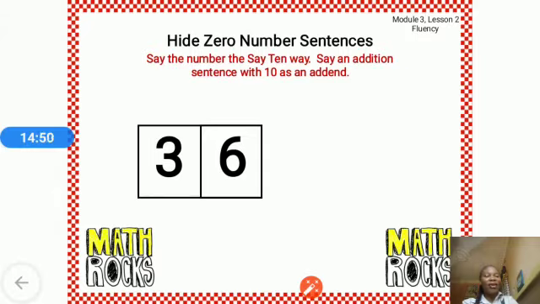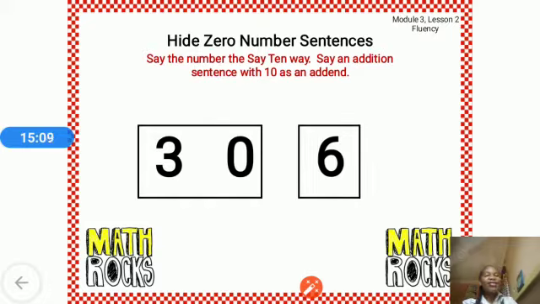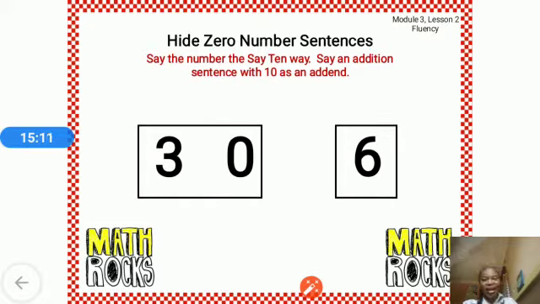Here we have 36. Can you tell me 36 in a certain way? Good. I can hear 3 tens, 6 ones. 3 tens, 6 ones is what? 36.